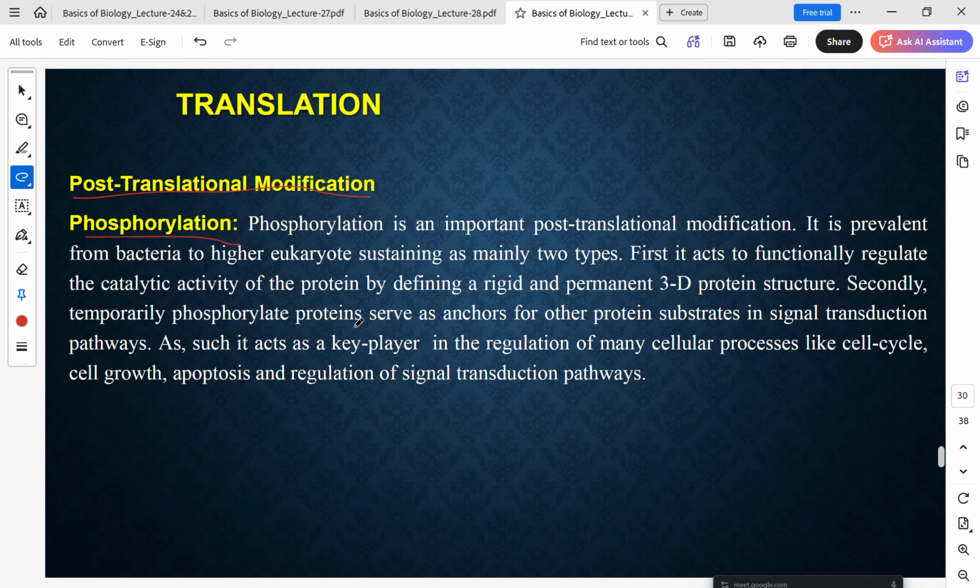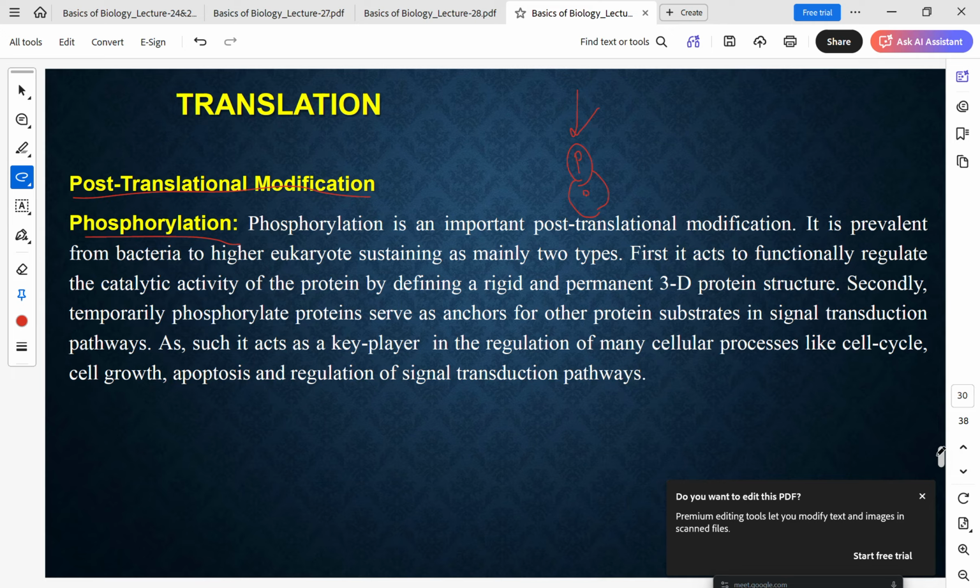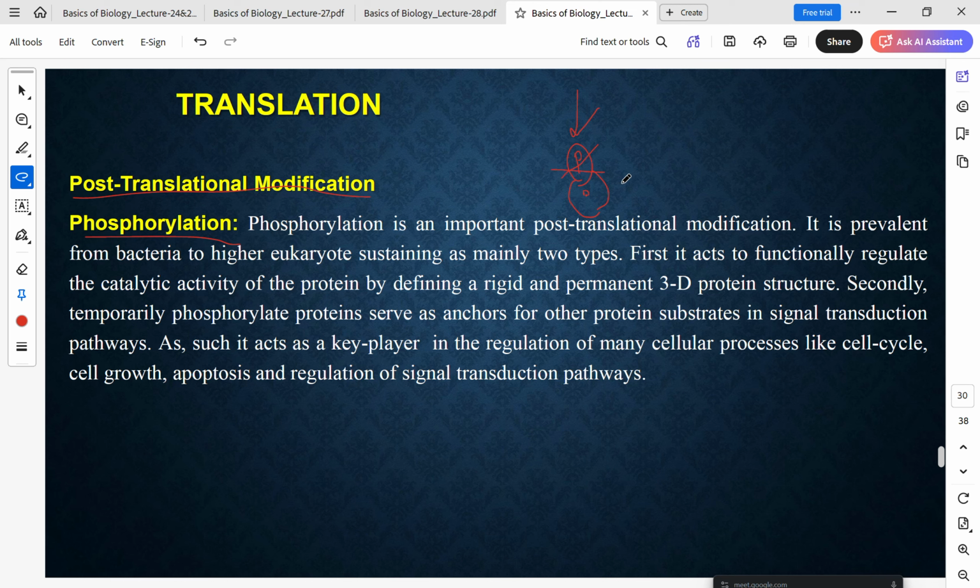So if the signaling pathway is going in a certain way, if everything is active, then the protein might get phosphorylated. However, if the phosphorylation is not there, the protein won't function and none of the downstream processes will happen.